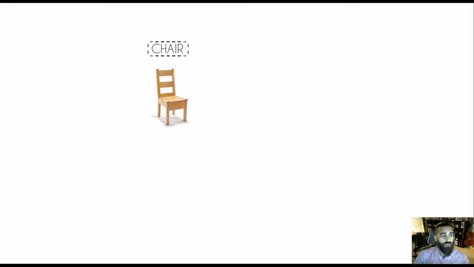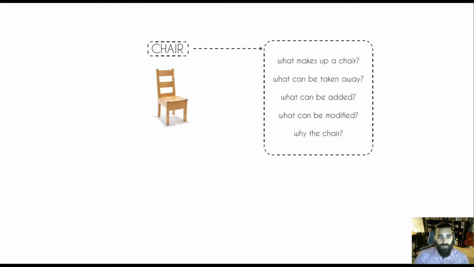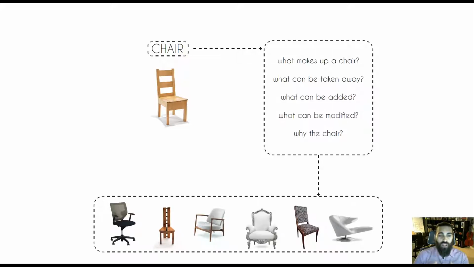For example, once we have the word chair, right, it is encapsulating the characteristics, purposes, typology, and all the other definitions that come to compose what we conceptualize as a chair. Once we have this word, once we have captured this concept, we're able to question it. And once we're able to question it, we are able to generate a myriad of iterations on this design, all very different, but still all within the umbrella term of chair.